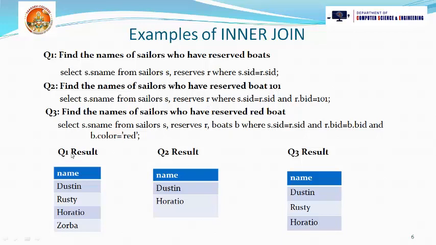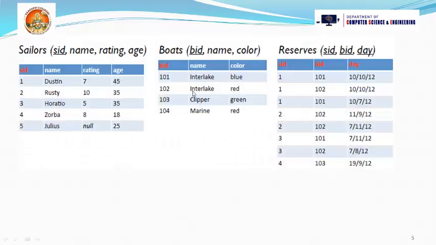The next, third query is: find the names of the sailors who have reserved a red boat. Red boats means the color of the boat is present in the boats table, so the information we require is present in these three tables. One more condition is that we need only the sailors who have reserved a red boat. We have two boats with the red color, 102 and 104.